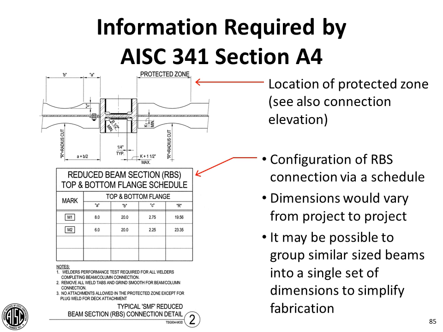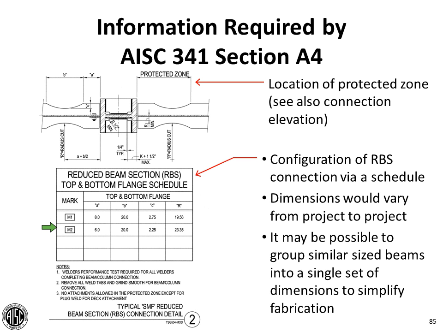In the case of a reduced beam section, you have to provide dimensions in order to let the fabricator know, or the fabricator's engineer needs to figure out what those dimensions are, so the shop knows what to do. And you can see here that on this project there are only two different groups of dimensions.